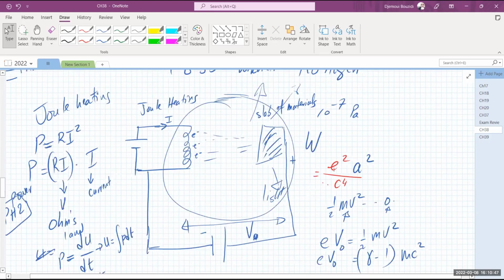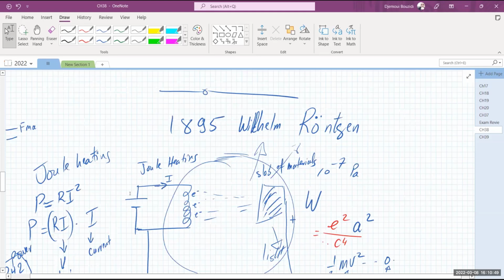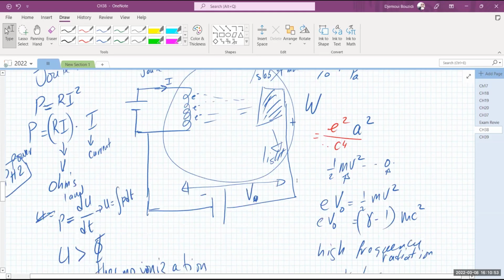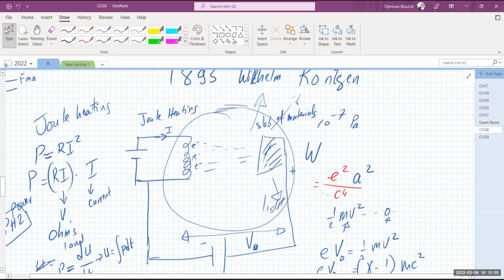And the other thing that we discussed is how Mr. Röntgen produced the X-rays and came up with an explanation for them, using the fact that these fast-moving electrons that are produced come to a standstill, and they should produce a wide array of rays, okay?